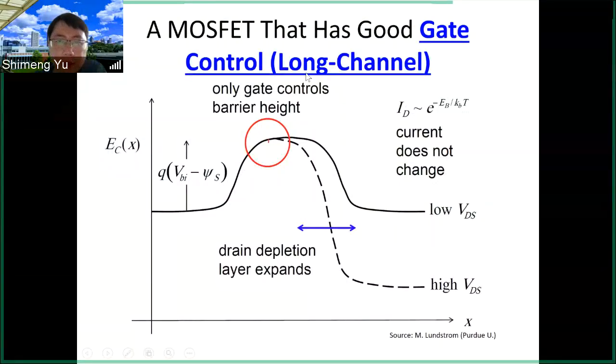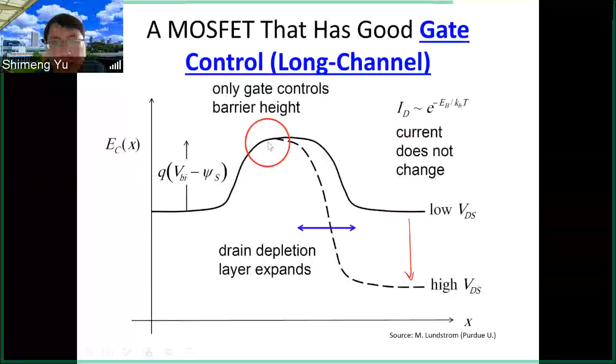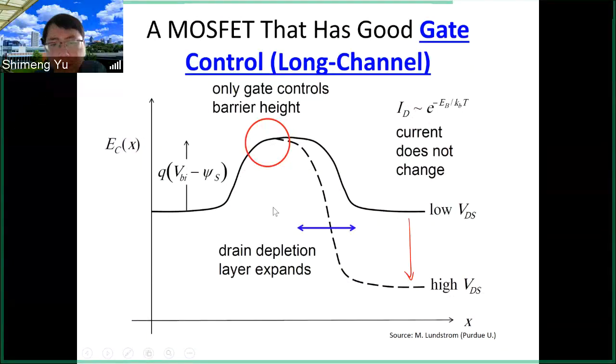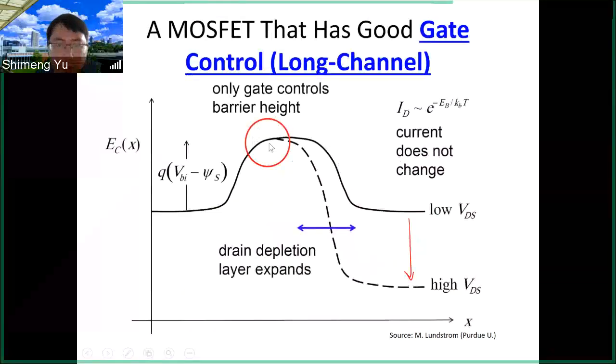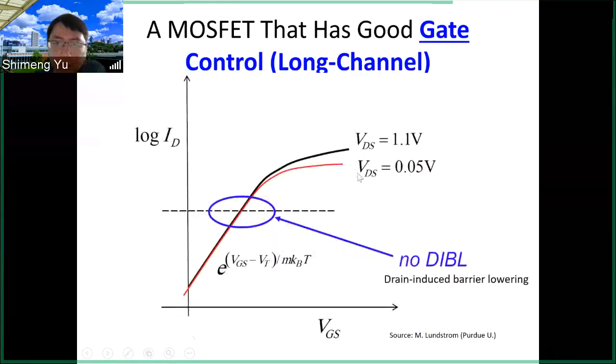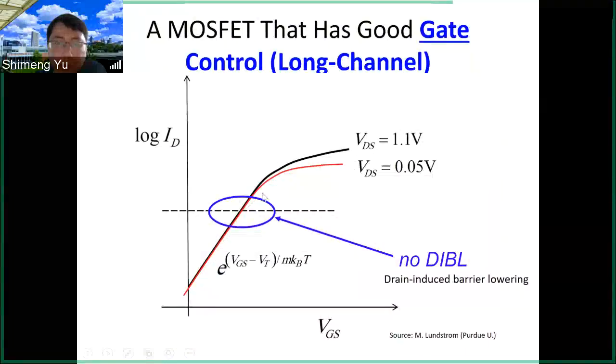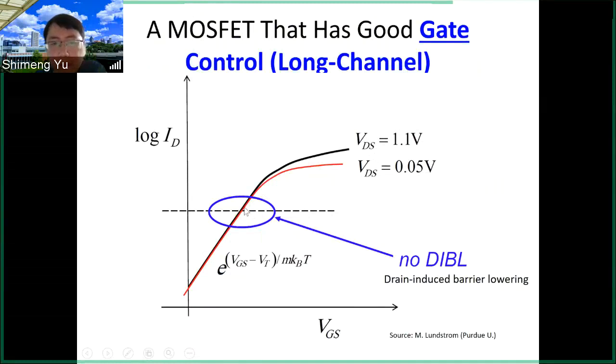That is for an ideal long-channel transistor, even though you have the drain voltage to push down the band for the drain. But the barrier top here is not affected because they are far away from each other, so this channel is long. So if the barrier height is not modulated here, that means when you apply different VD, the drain voltage, the subthreshold current will be almost the same because the barrier height does not change.